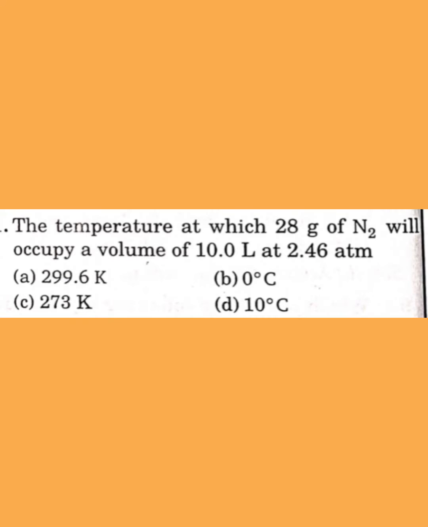Next question, the temperature at which 28 gram of nitrogen will occupy a volume of 10 liter at 2.46 atm. The options are 299.6 K, 0 degrees Celsius, 273 Kelvin, 10 degrees Celsius. The answer is option A, 299.6 Kelvin.